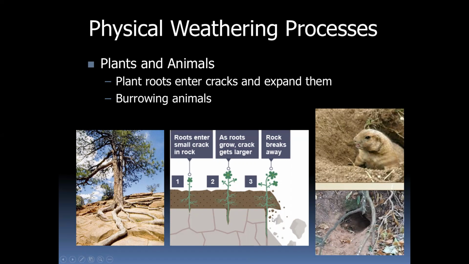There are other things like what we call burrowing animals. Burrowing animals like rabbits, like rats, and many others burrow into the soil and into the rocks and create holes. And because of this process, they actually help to break down the rocks, especially if you have a sedimentary rock.